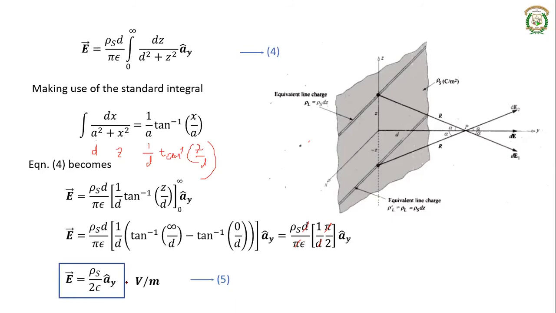So it is very clear that the electric field intensity due to an infinite sheet of charge does not depend on the distance of the point where you are finding the electric field intensity, right? So this is all about the electric field intensity due to a sheet of charge or a surface charge of infinite area. Okay, so with this, we have completed this topic of electric field intensity.